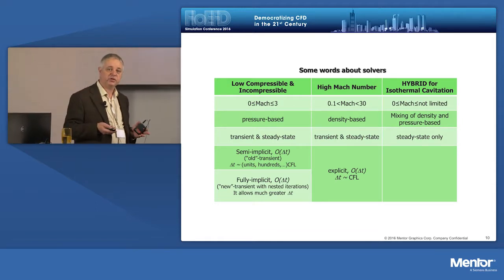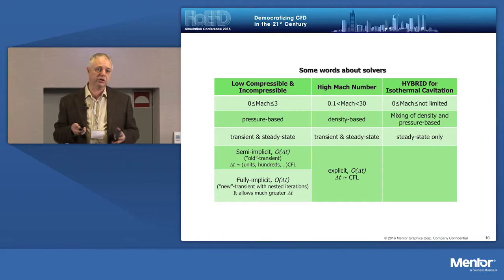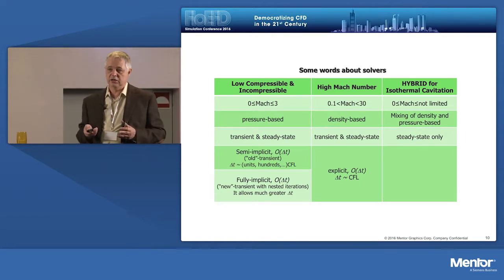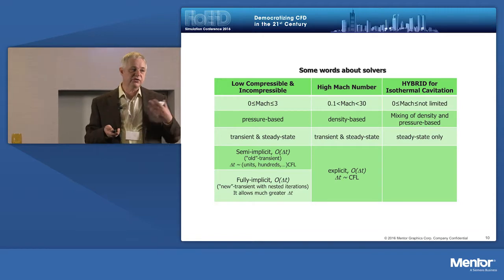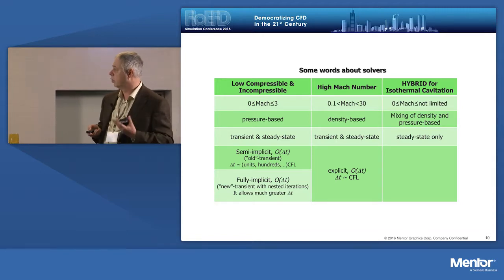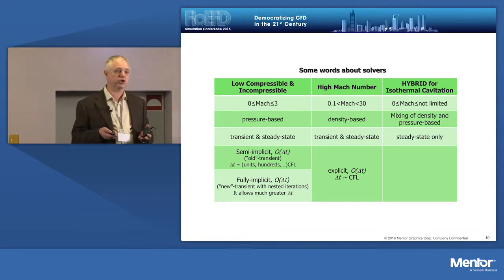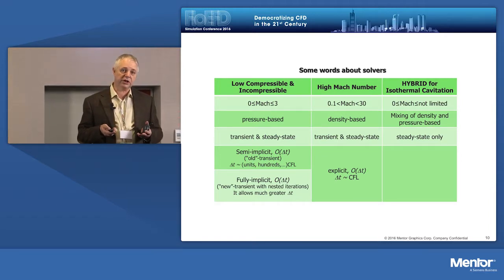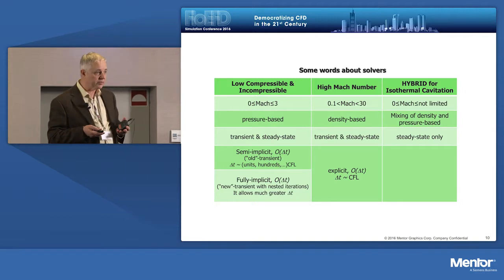It depends on situations, but in the absolute majority of your applications it's okay. For applications with high Mach number, more than 3, we have a special explicit solver which is working perfectly up to Mach number 30.